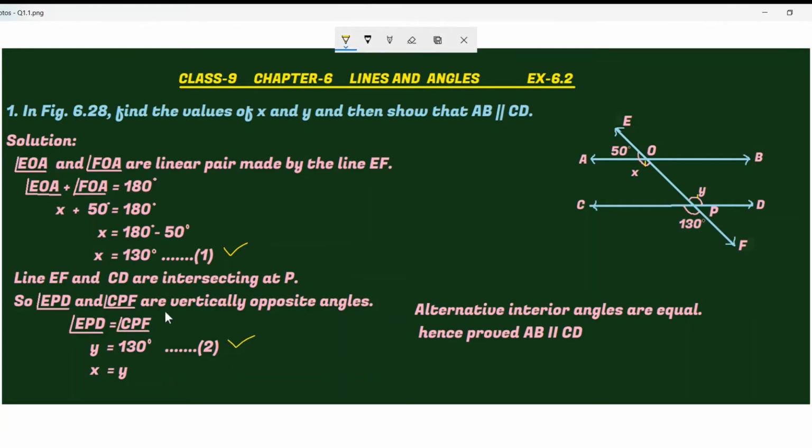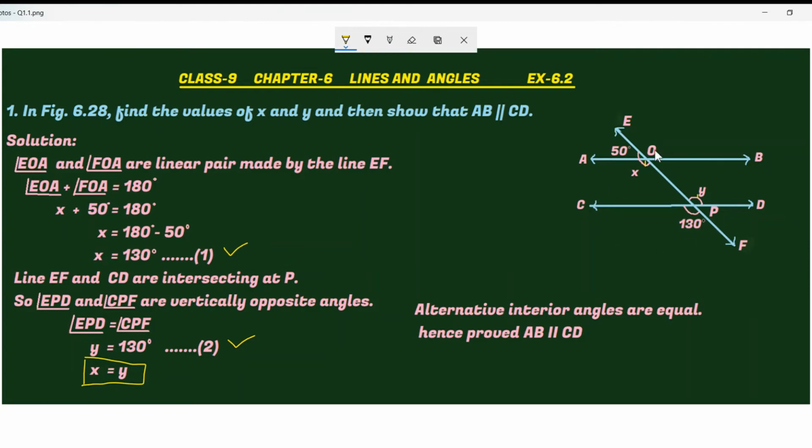Now you can see in both equations the right hand sides are equal. If the right hand sides are equal, then both left hand sides are also equal to each other. So I can write x is equal to y.